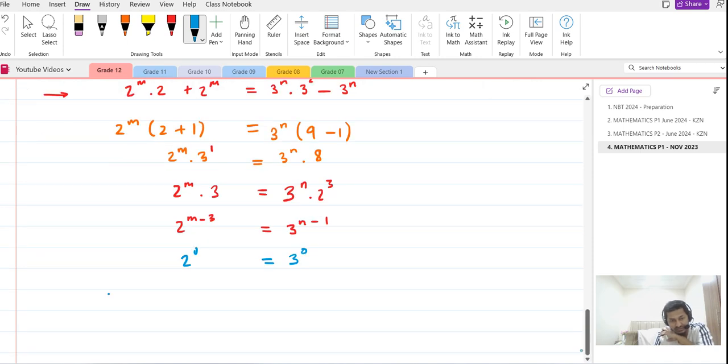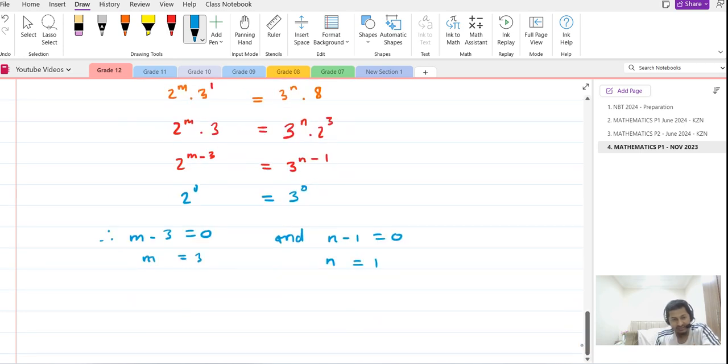Therefore, m minus 3 is equal to 0, and n minus 1 is also equal to 0. So m is equal to 3 and n is equal to 1. So we kind of solved it. So m plus n is equal to 4. So the value of m plus n is actually 4.